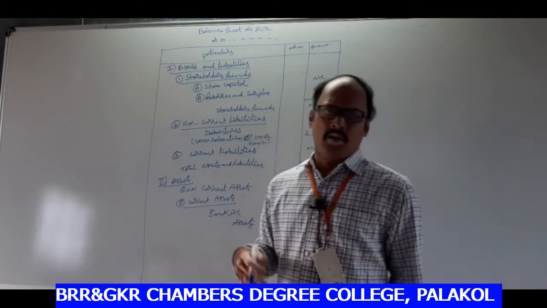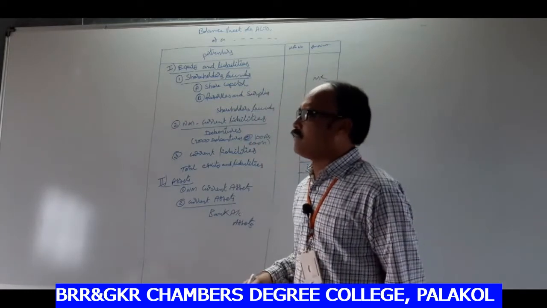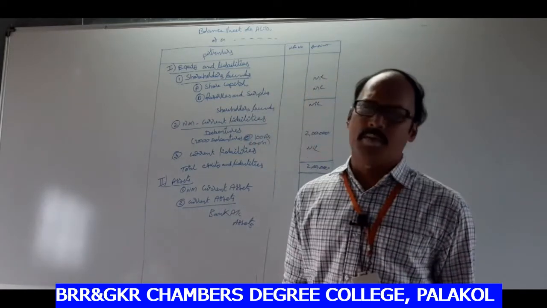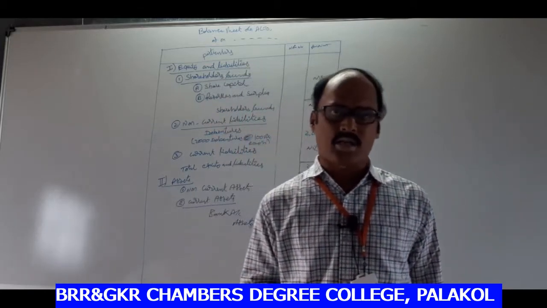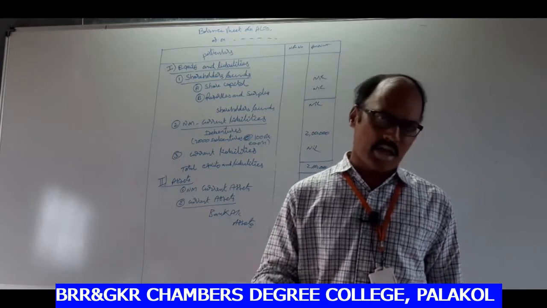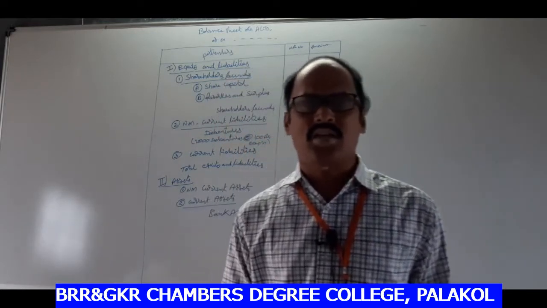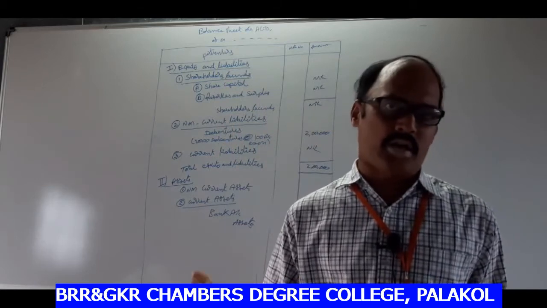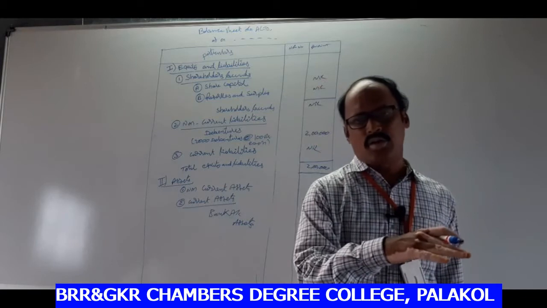Next, the debentures account. You know very well the second general entry: debenture application account debtor to debentures account. So by debenture application account 50,000, by debenture allotment account 50,000, by debenture first and final call account 50,000, to balance carried down 2 lakhs.